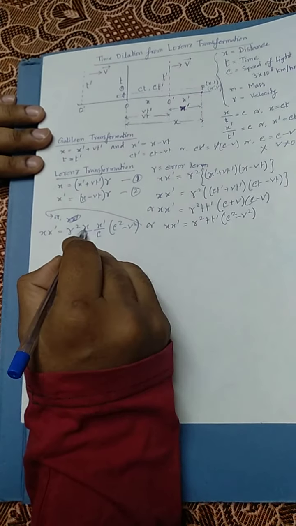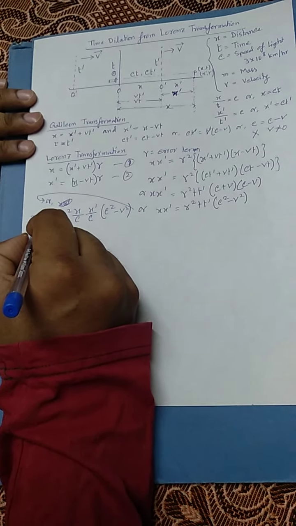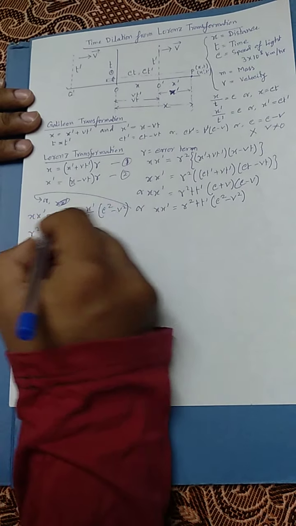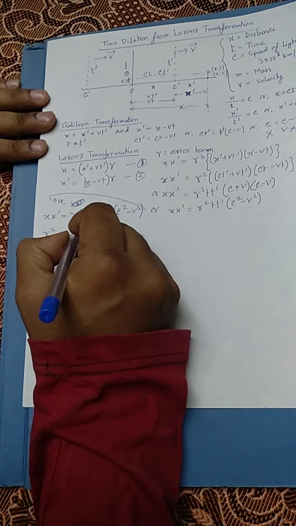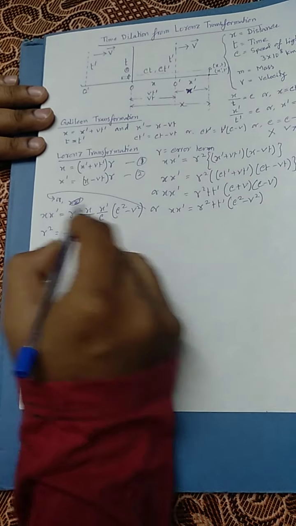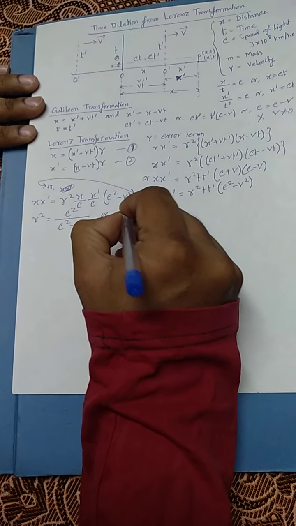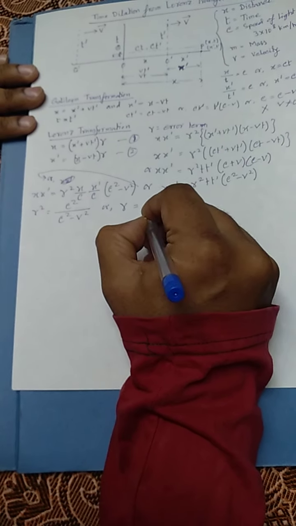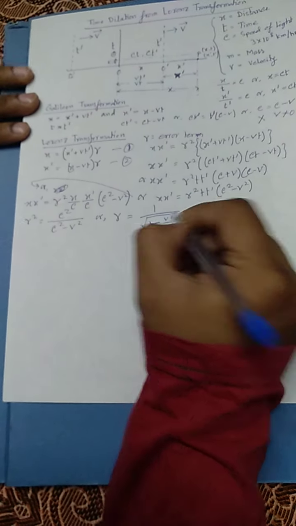Clearly x prime x on both sides will cancel out, so we have gamma squared equal to c square by (c square minus v square). So finally gamma will be 1 by root over 1 minus v square upon c square.